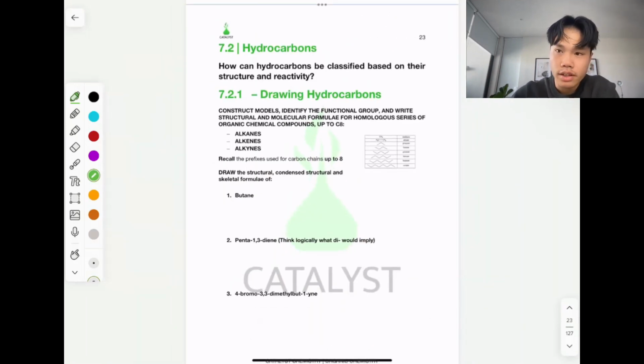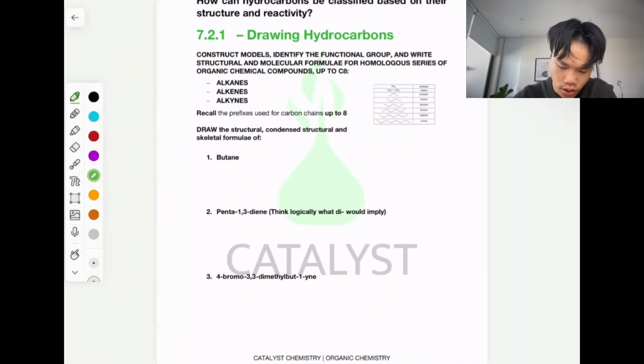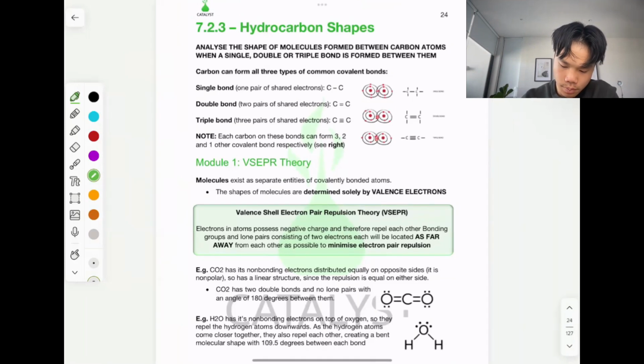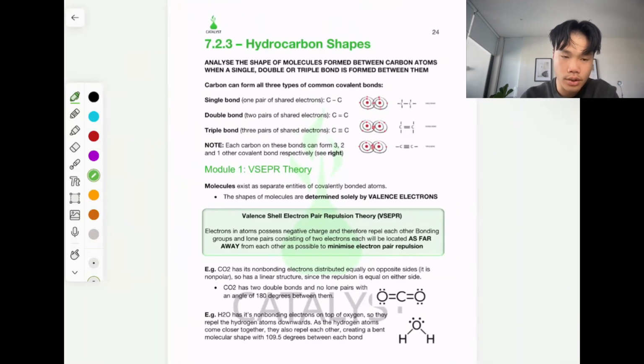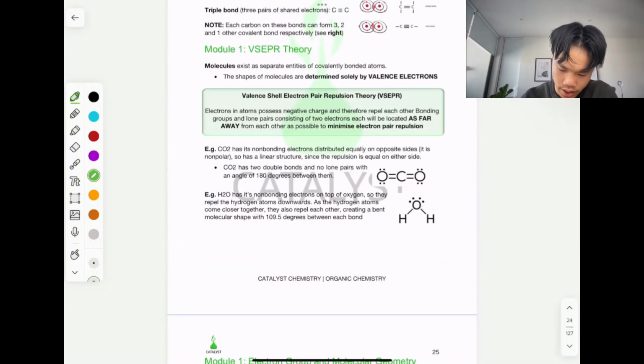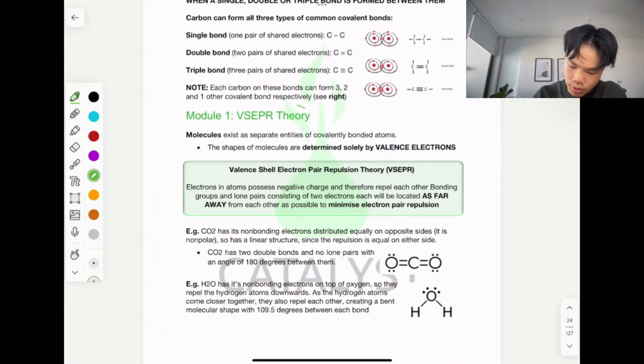Okay. You should be able to draw hydrocarbons where you have any hydrocarbon. You should be able to draw the structural formula. Hydrocarbon shapes. It's all dependent on the number of bonds and the number of lone pairs. So you should be familiar with three base geometries and how they're all derived from VSEPR theory.